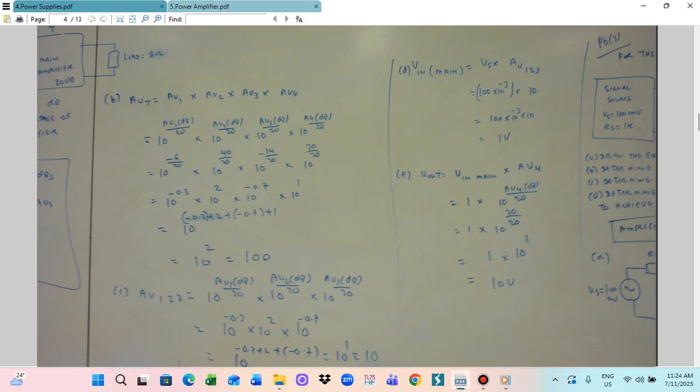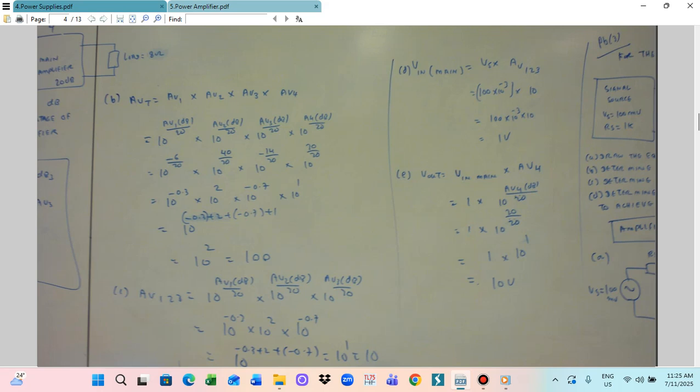So this is for the VMA. VMA is 1 volt, multiplied by the AV4. AV4 we can calculate: 10 power AV4 dB divided by 10.